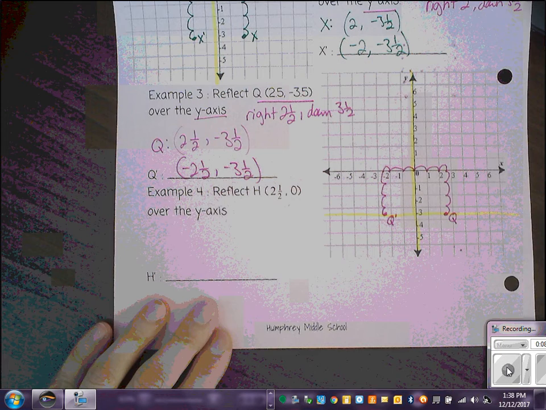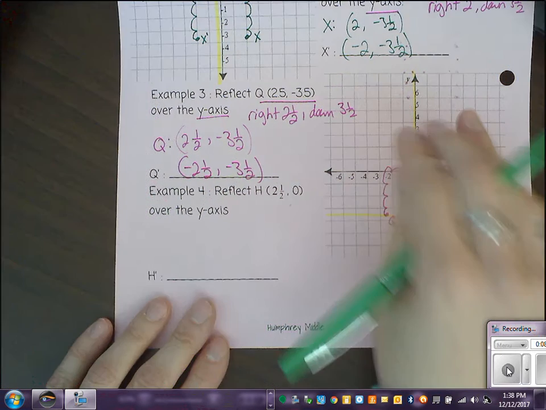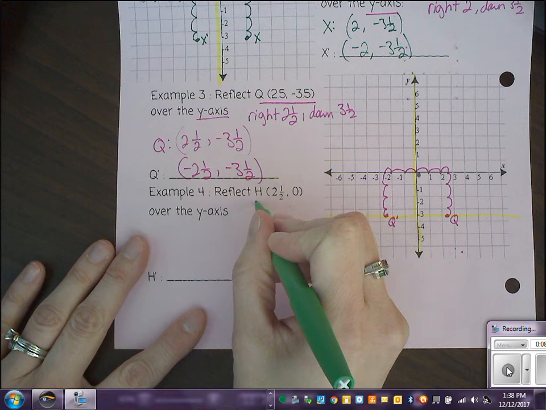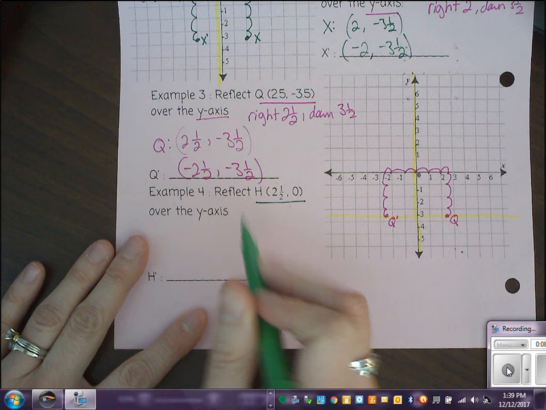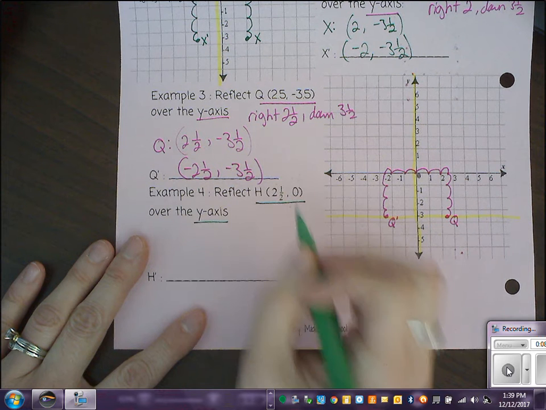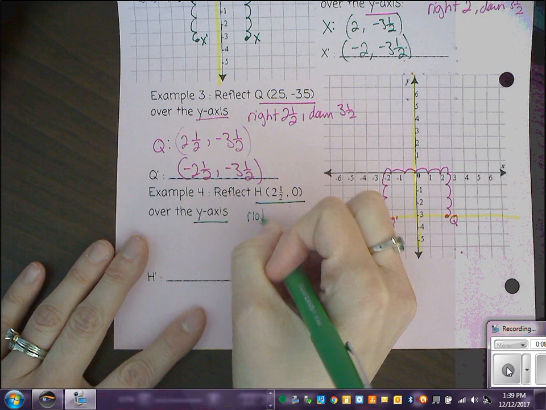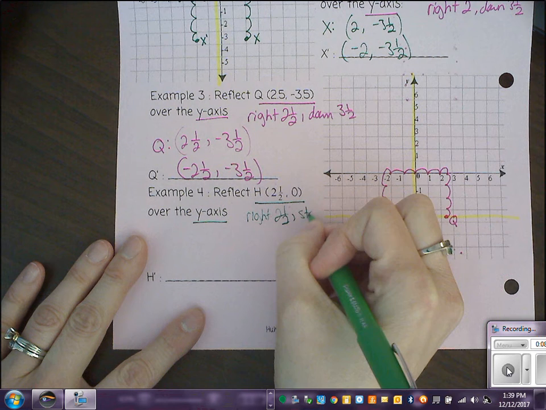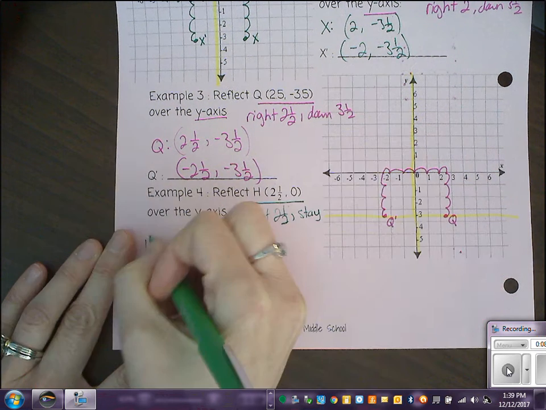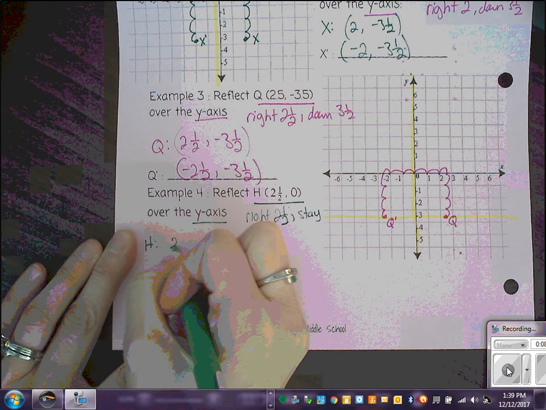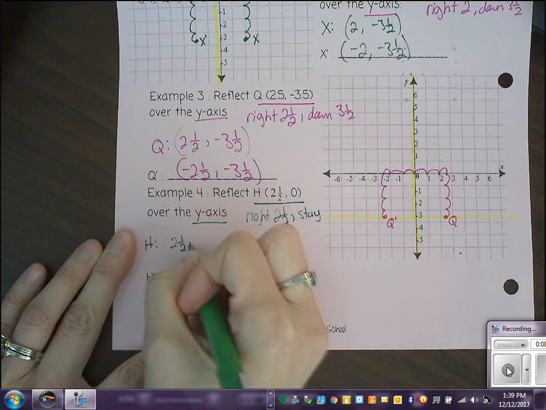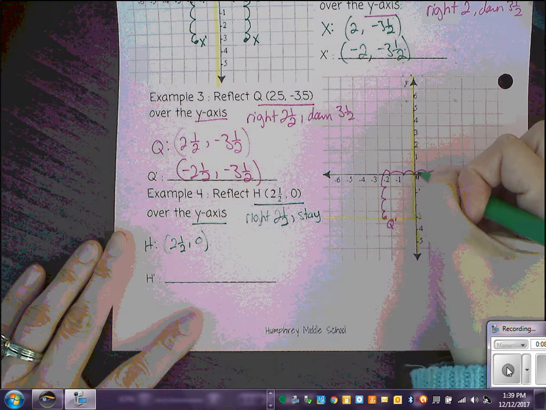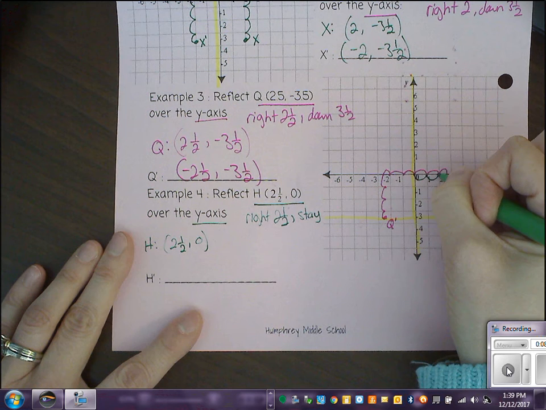Okay, for example 4, we're going to use the same coordinate plane right here. We're going to use H. It's going to be reflected. H is 2.5, 0 over the y-axis. So we're going to go right 2.5, and 0 tells us to stay. So I start at 0, 0, I'm going to go 1, 2.5, and I plot my point.